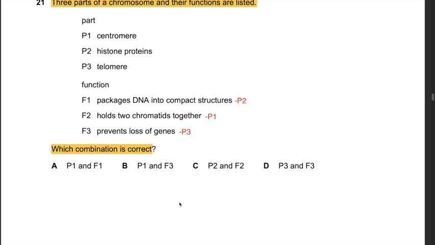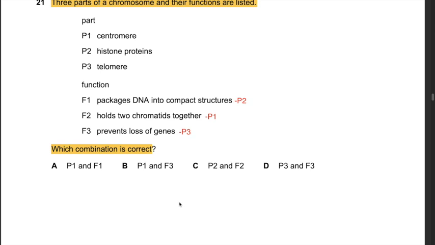Question 21. 3 parts of a chromosome and their functions are listed. The parts being centromere, histone proteins, and telomere. The functions being packages DNA into compact structures, holds 2 chromatids together, prevents loss of genes. Which combination is correct? Centromere definitely holds the two chromatids together.